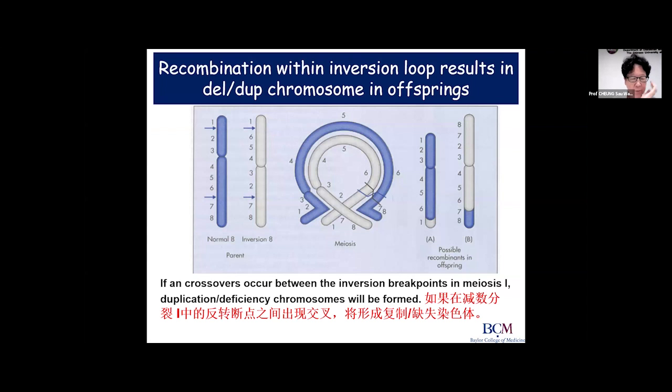This is a normal 8. So you have the blue one, a normal 8. You have 1, 2, 3, 4, 5, 6, 7, 8, right? And in the inversion one, you would see 1 and 8 are intact, but 2, 3, 4, 5, 6 is inverted.